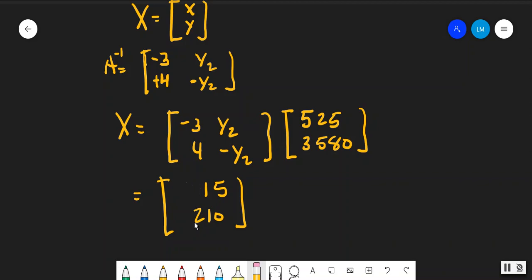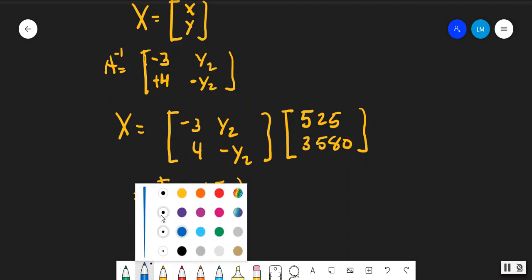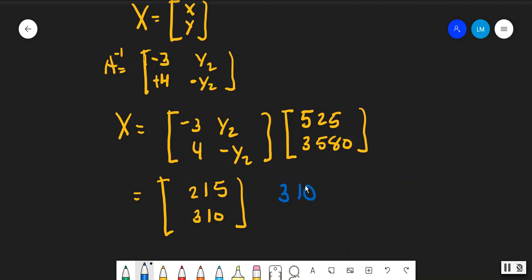So it's 215, right? Yeah, 215 and 310. So in actuality, there were more seniors than adults. So in this case, we would say that there were 310 seniors that went to the movies.